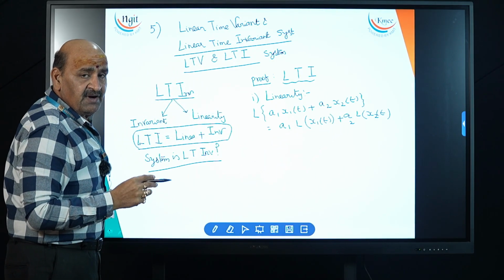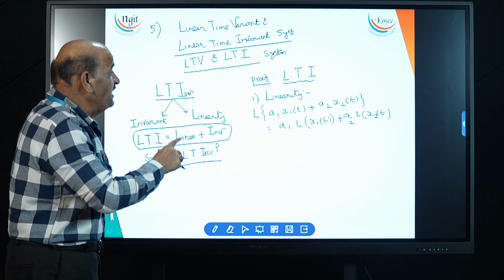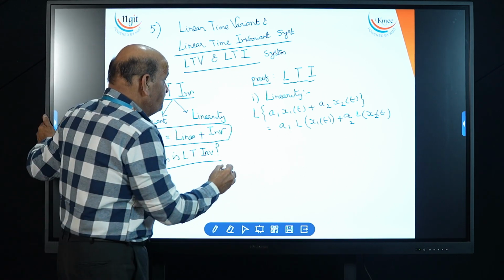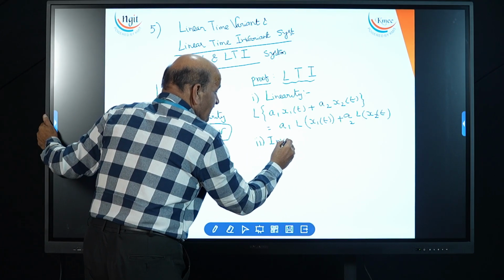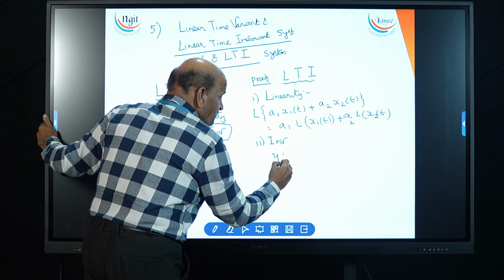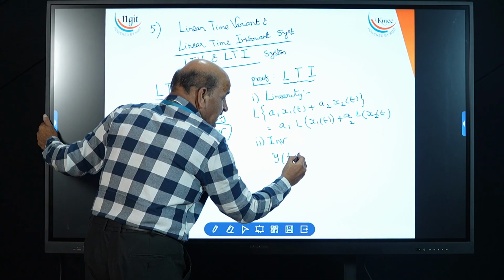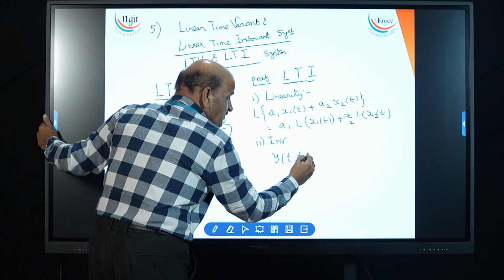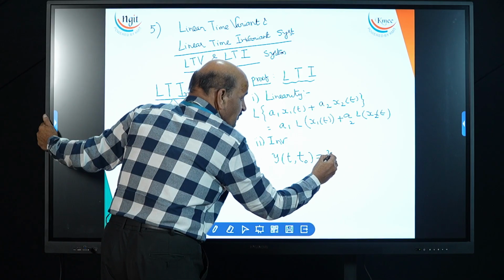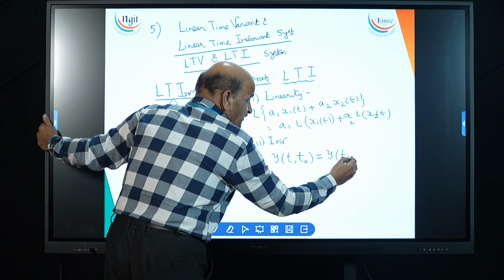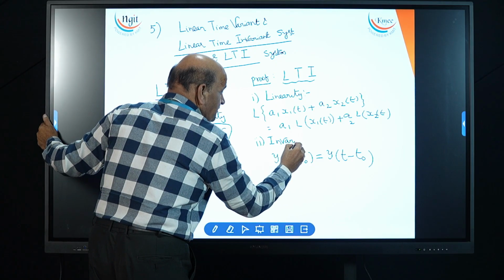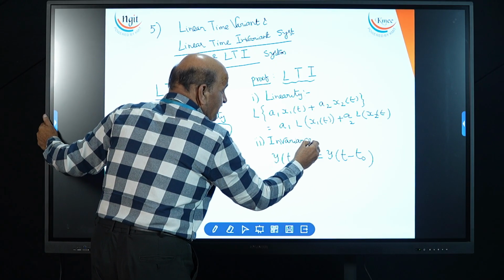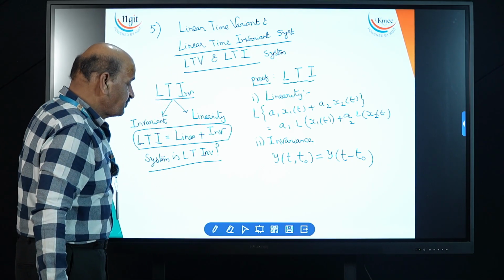Previous concept we already discussed many times, that property is to be satisfied. Second one, invariance. Invariance means what? For any signal y of t, if a time delay is introduced, it should be equal to y of t minus t naught. This is called the invariance property.